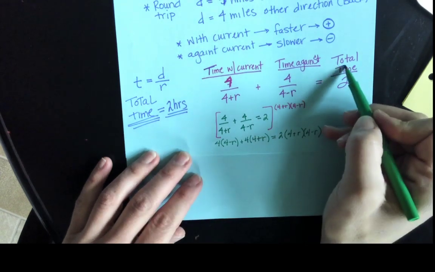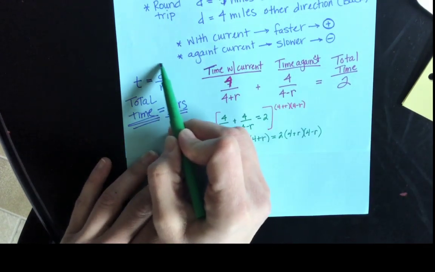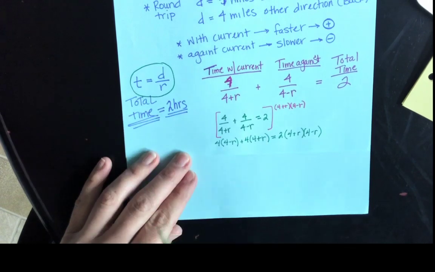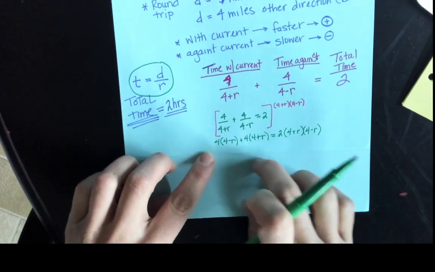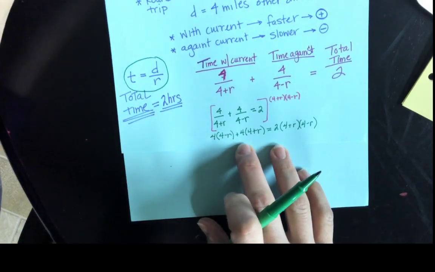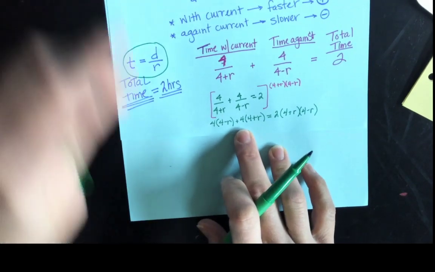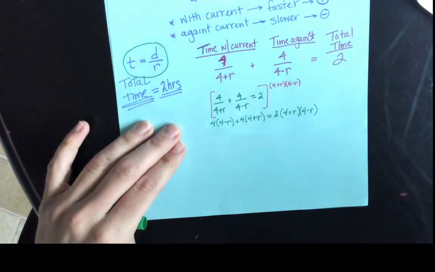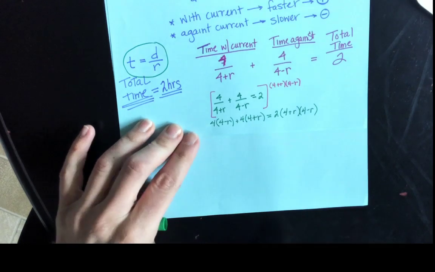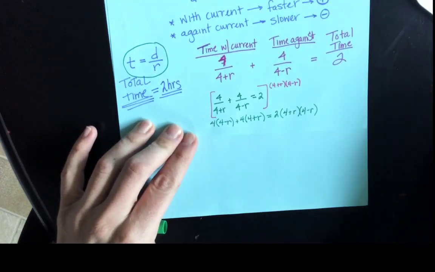We just knew the total time. So our total time formula, we had to adjust. Most of us probably have moved on with the problem, but I wanted to make sure that you were aware of why the formula changed and we didn't just use d equals rt every time.